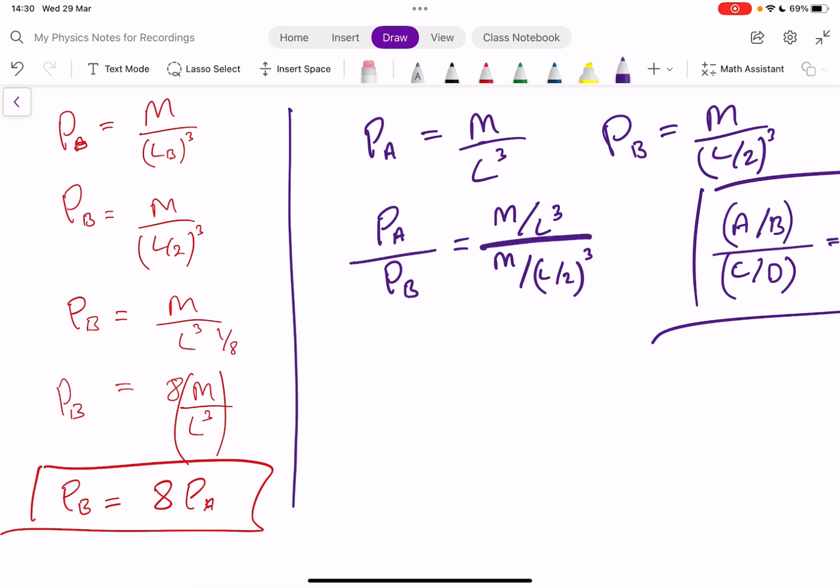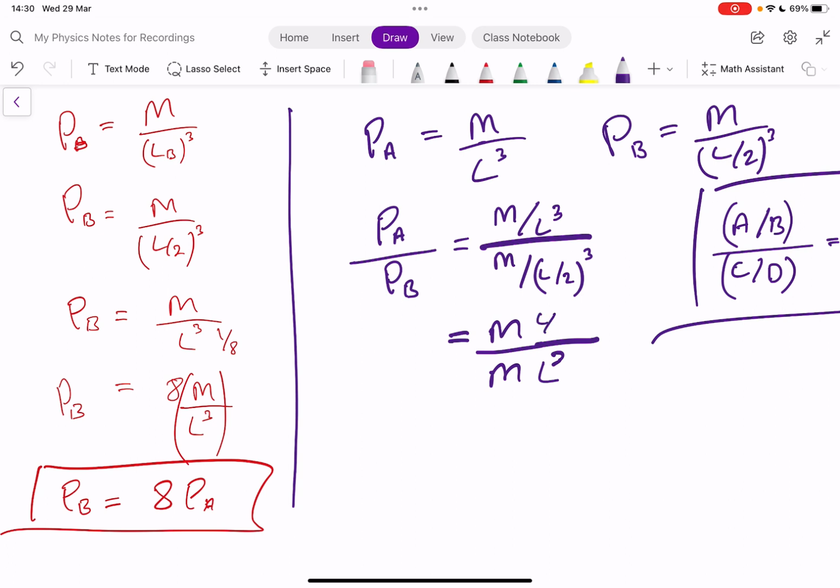So back to ours. If we just continue with the right-hand side, we get the M over M. So that's that and that. The L cubed from there goes on the bottom. And I'm just going to move the whole fraction up to the top there.